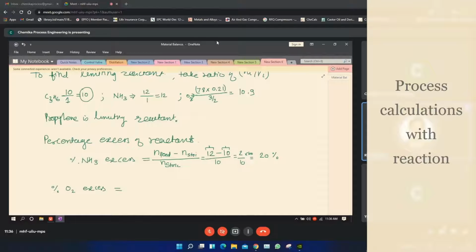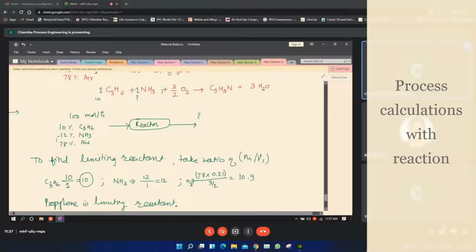So this 10.9 is the feed here, right? For oxygen. No, 10.9 is not the feed for oxygen. Sir, it is actually the ratio.